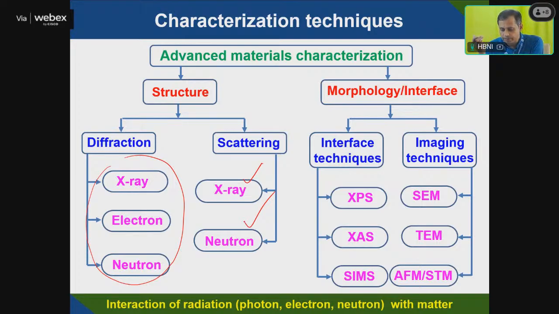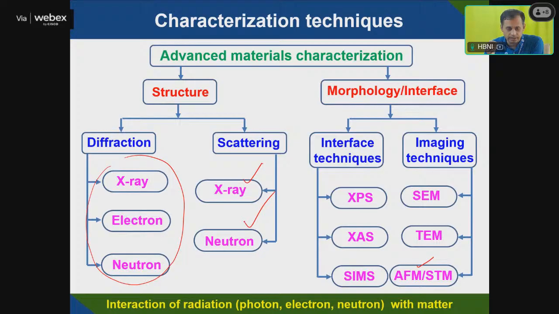If you go for imaging based techniques, we will cover the scanning electron microscope, the transmission electron microscope, and the atomic force microscope. Time permitting, I will see this last one, but mostly I will cover X-ray techniques like X-ray diffraction, X-ray fluorescence, thin film XRD, synchrotron XRD, single crystal XRD, and then electron diffraction and neutron diffraction also.